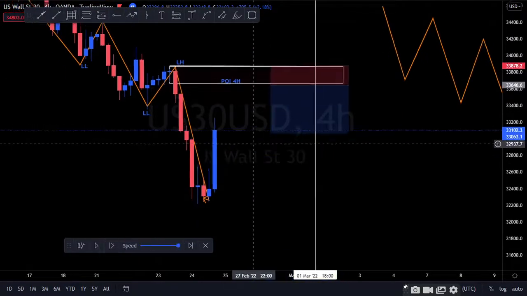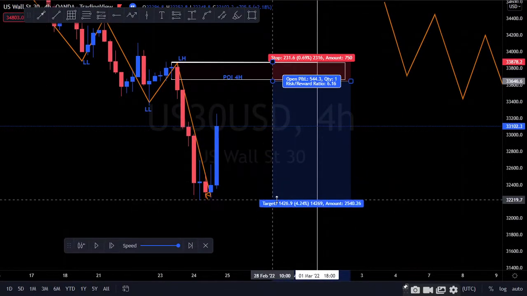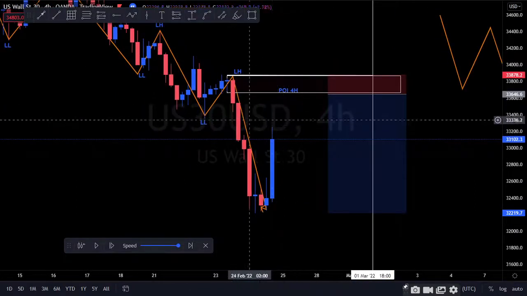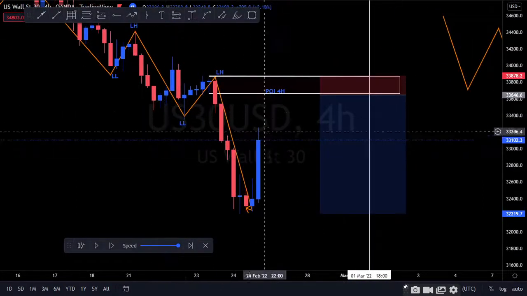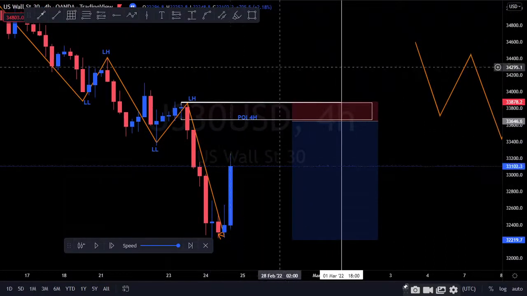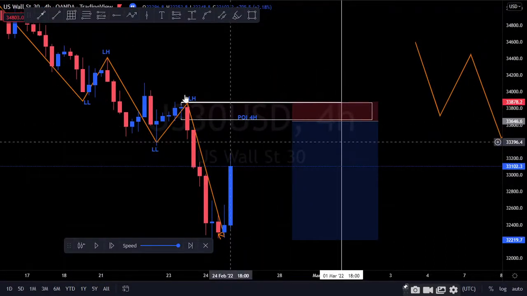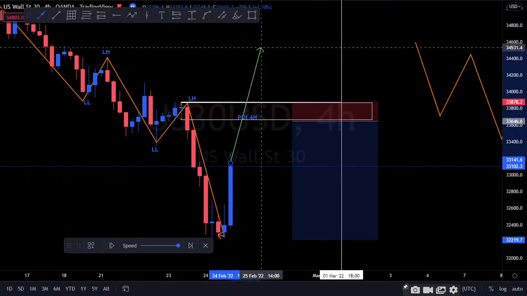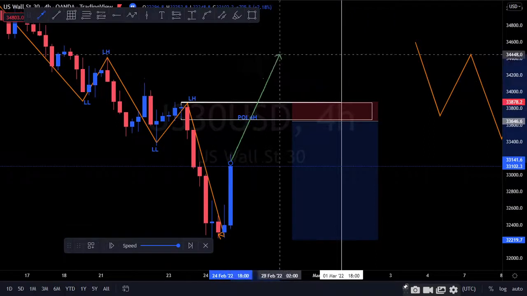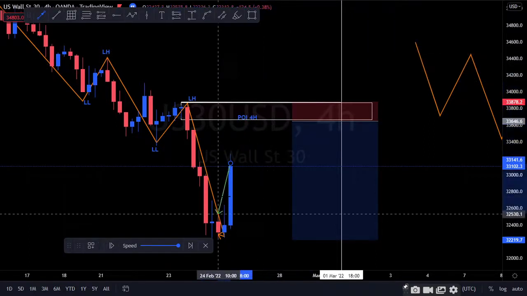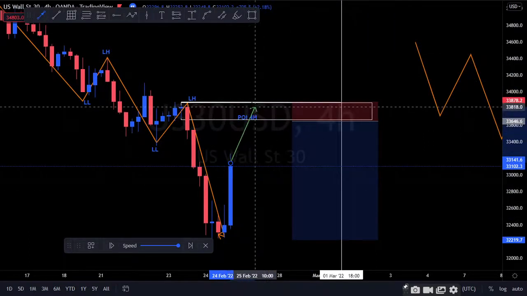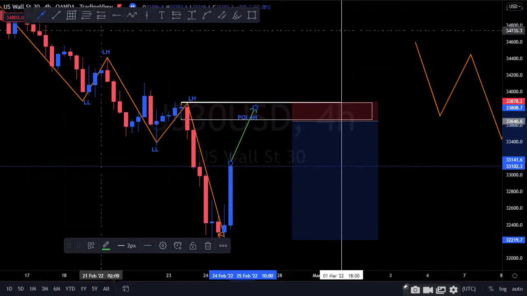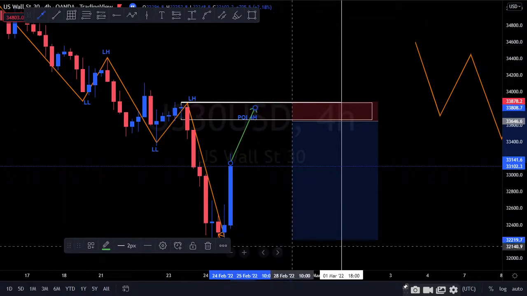As I said in the previous video, we don't necessarily or instantly sell when the price gets there. We wait for reactions or confirmations, and I will talk about them later, because we don't know if the market is going to break and change to bullish, or if it's just going to retest or mitigate here and then continue the bearishness.